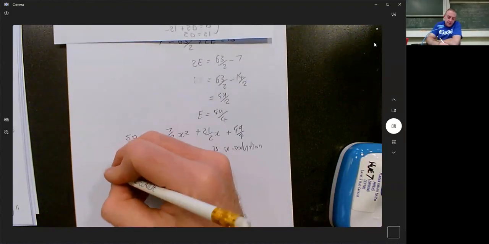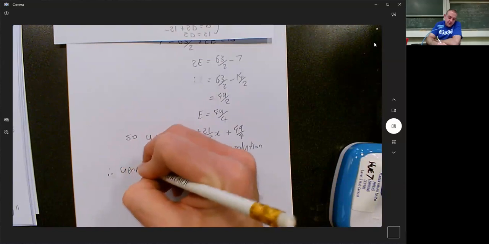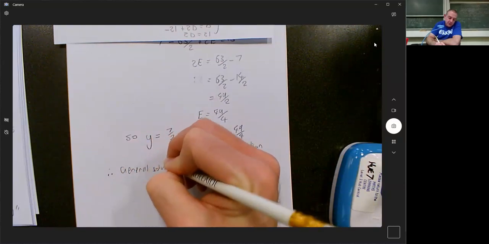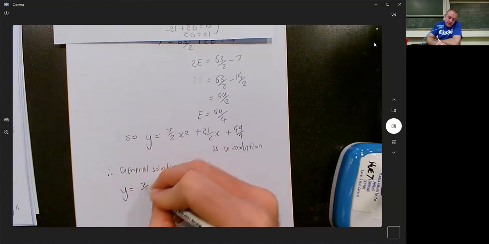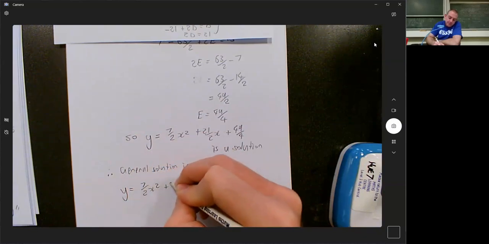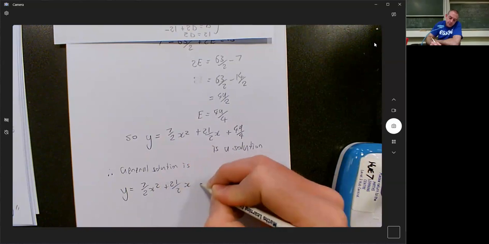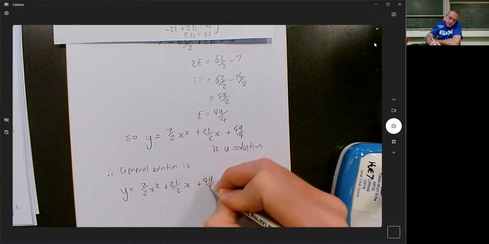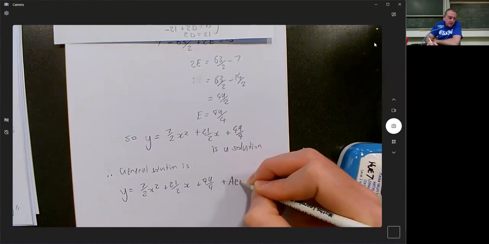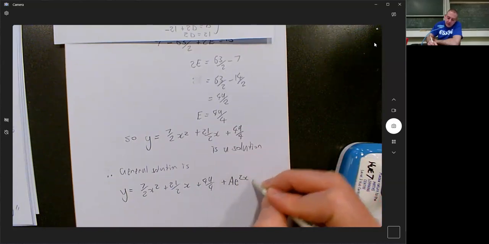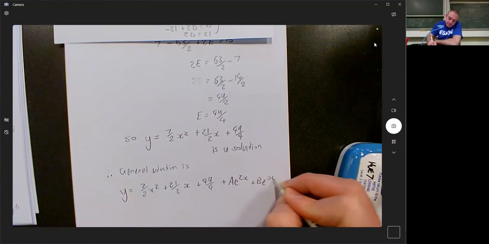And so therefore, the general solution is this answer that we just had plus the solutions that we had to the other one, which was a e to the 2x and b e to the x.